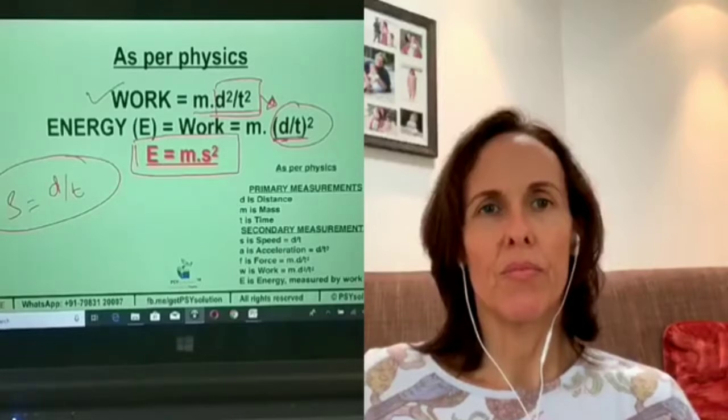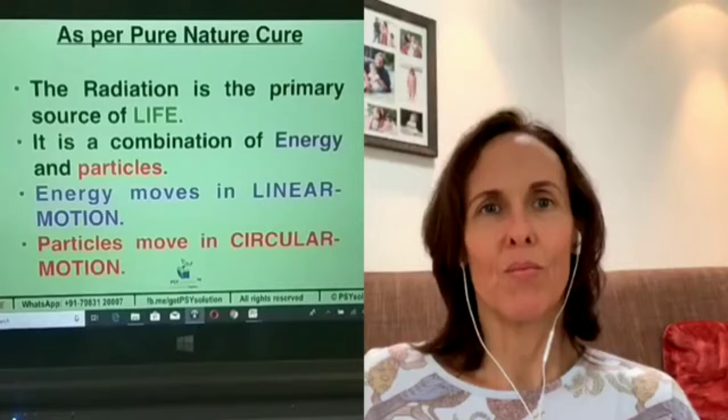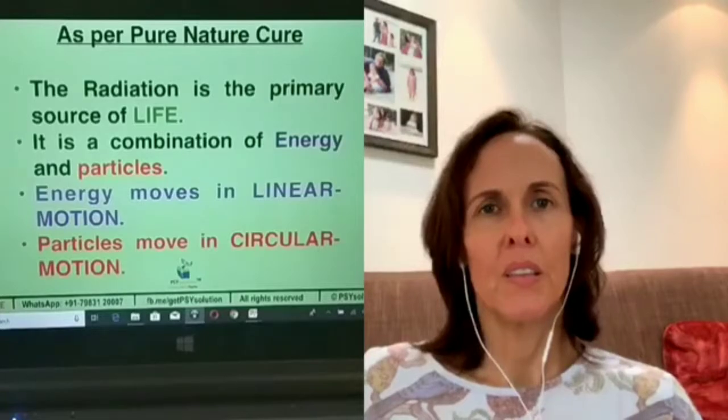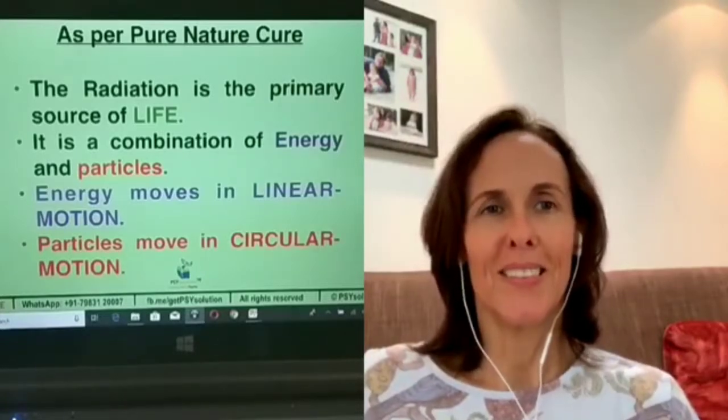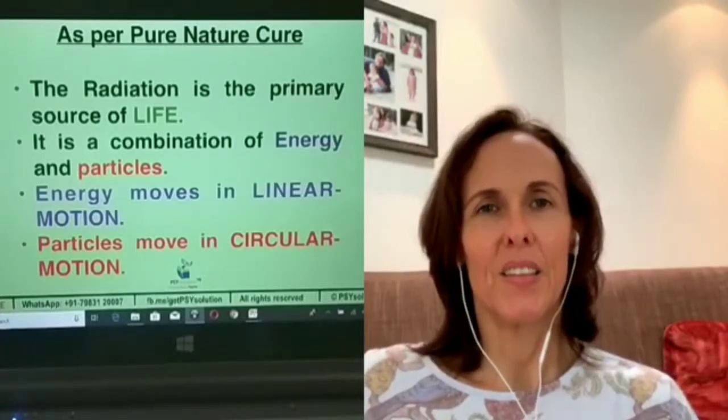Now, let's go a little deeper as far as the basic concept of pure nature cure and try to understand the energy concept in a rephrasing manner. As per nature cure, the radiation is the primary source of life. Absolutely.